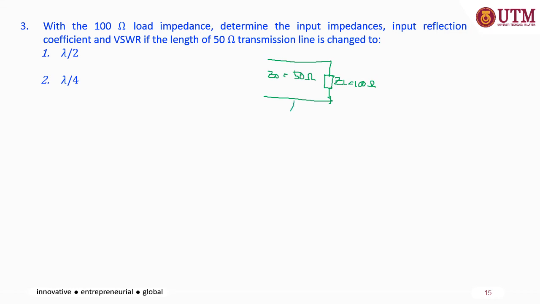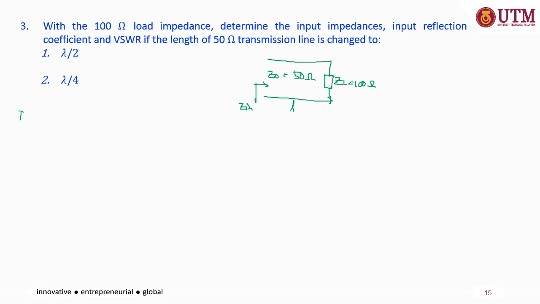So here is L, and then you have again your Zin facing towards the ZL. Right, so when you have the variation of L, remember we have the special cases.